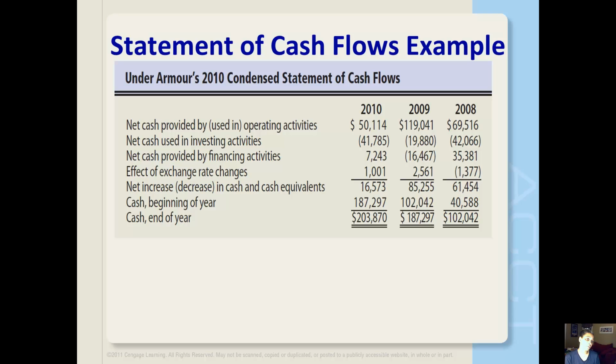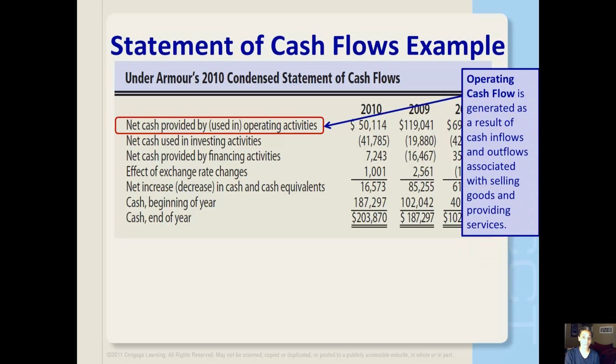Investing cash flows are listed second, and these cash flows result from the acquisition of non-current assets that we just talked about, like property, plant, and equipment. And then finally, you see in this example the financing cash flows, and those result from transactions related to borrowing or issuing stock.